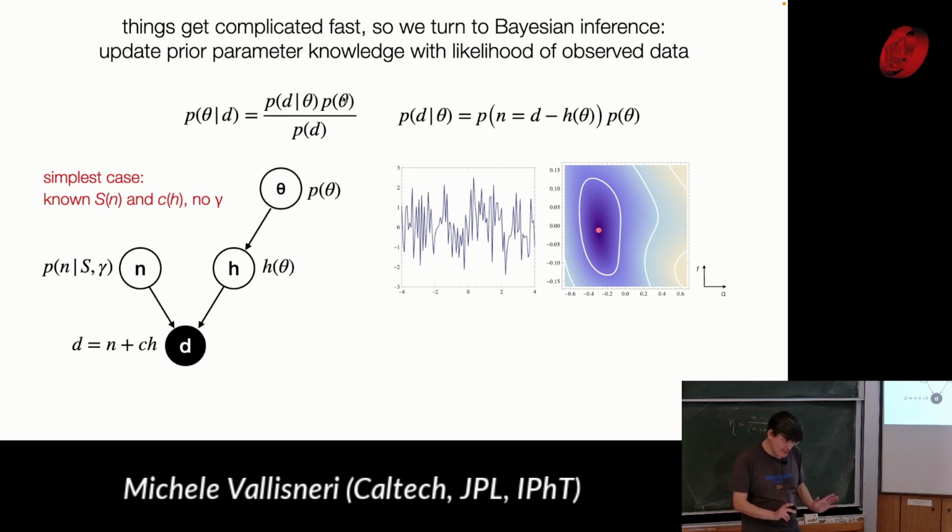Here we assume we've detected something, it's a confirmed detection. We have a prior for the parameters. Our prior knowledge is updated by the likelihood of the data as a function of the parameters. And there's a normalizing constant, which is the marginal likelihood, just the integral of this numerator.